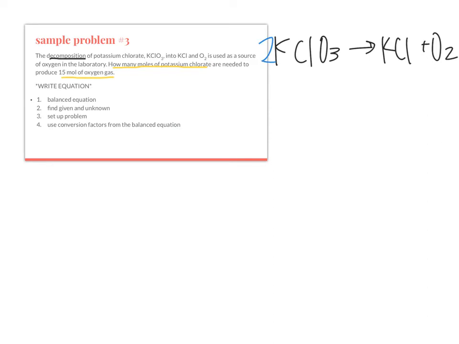So I'm going to throw a 2 there and a 3 here so that I have 6 oxygens, and then easily I can throw a 2 in front there, and then it's balanced. Next, you need to find the given and the unknown. Here, I already have them underlined. That's our given. And this right here, where it's asking us, is the unknown. Then we're going to set up the problem.